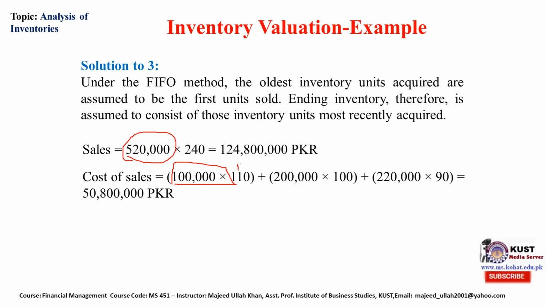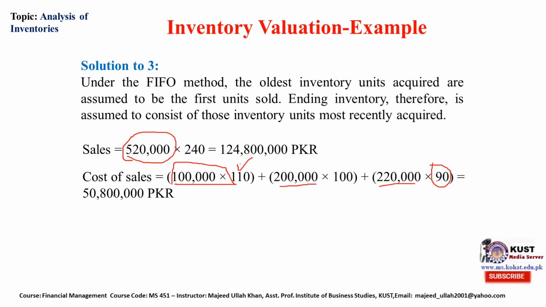Then these 200 was second shipment. We will assume that this is second oldest units. So we will include all these 200 units at a rate of 100. Then 220 units will be assumed from the third shipment, which costs 90. So total cost of sale is 50.8 million rupees.